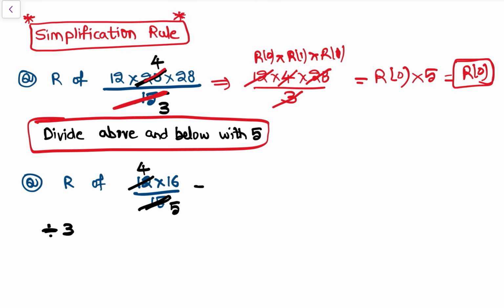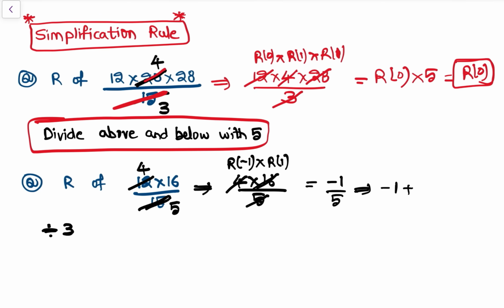So now I am left with this expression, that is 4 into 16 upon 5. So now 5 3s are 15, so remainder -1 into 1, so that is -1 upon 5, so माइनस तो नहीं हो सकता, so -1 plus 5 that is 4. अब देखो 4 है तो इसको डिवाइड किया तो नीचे ऊपर डिवाइड किया तो उसको मल्टीप्लाई भी करना पड़ेगा, 4 into 3 is 12, so 12 is the overall remainder.